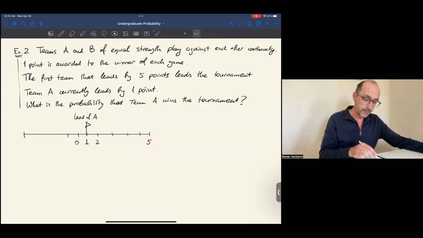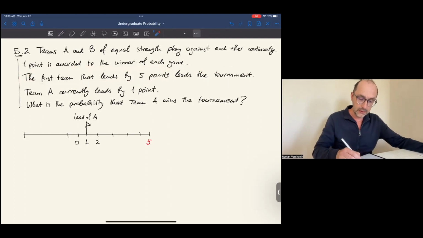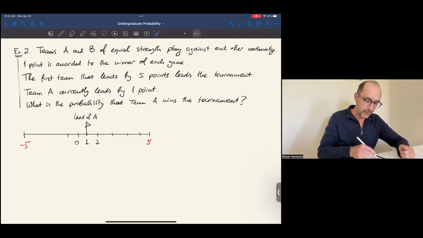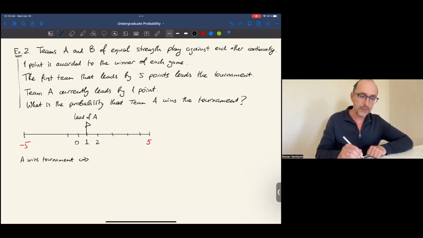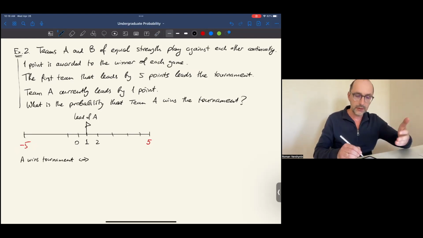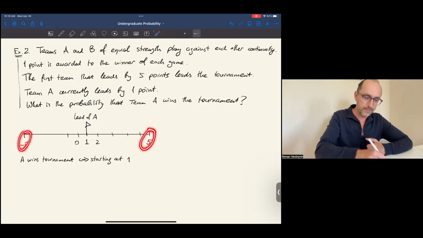According to the rules, the game ends when the lead reaches either 5, in which case Team A wins, or -5, in which case Team A loses. We're interested in finding the probability that A wins the tournament. This happens if, starting at 1, the lead reaches 5 before reaching -5.